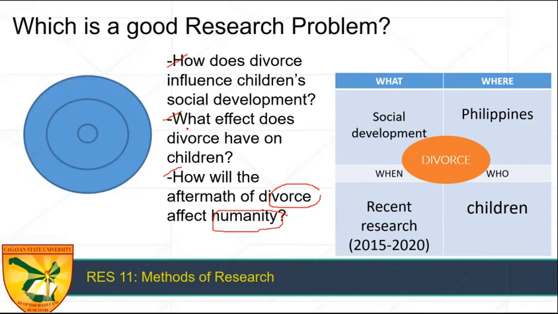For the second option, this is also not a good research problem because we are looking at what effect, okay, what effect does divorce have on children? So, what effect are you looking for? So, the first option is the best option because it states already what effect.